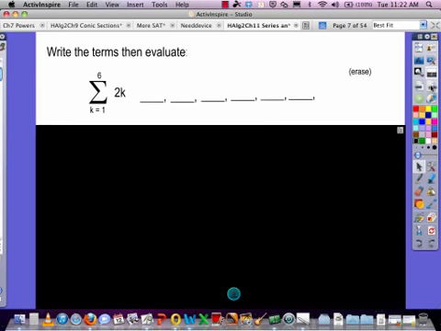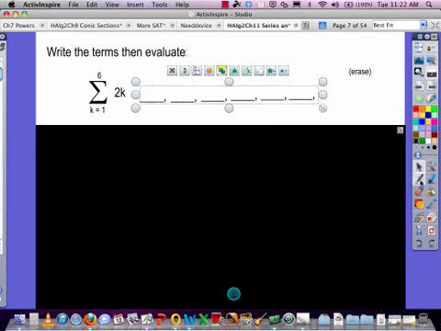Moving on. Now it says write the terms, then evaluate. Oh, so it's a summation notation. So first it's asking, and it is just a single summation. My explicit equation is 2 times k. K runs from 1 to 6. So ready? When k is 1, 2 times k is 2.